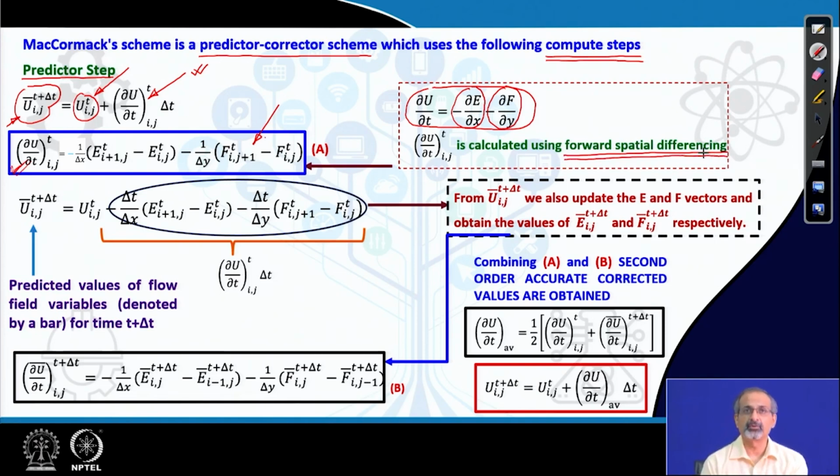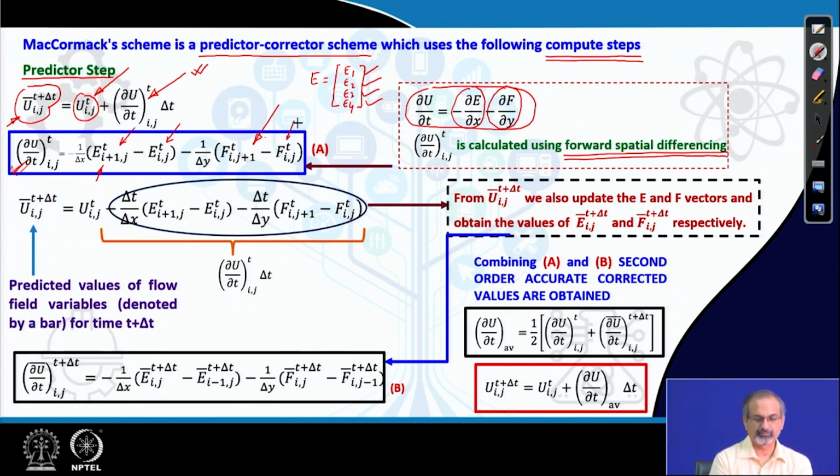We already have learned about forward differencing, so we are applying forward differencing here. Remember that E is a flux vector. So, it comprises elements E1, E2, E3, E4 etc. So, when we write E in general, we are meaning that it applies for each one of the components of E.